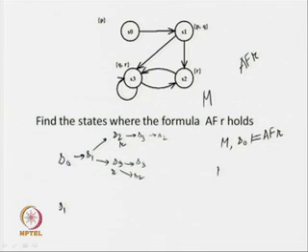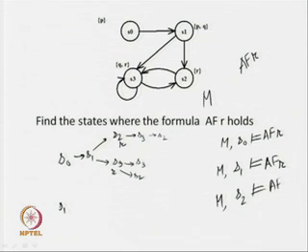So we can say that in this model M, S1 satisfies AF R. Similarly, when I come to S2, we find that from S2 it goes to S3 where R is true, coming back to S2 and again going to S3. That means in all paths we get a future state where R is true. So again you can say that in M, S2 models AF R.